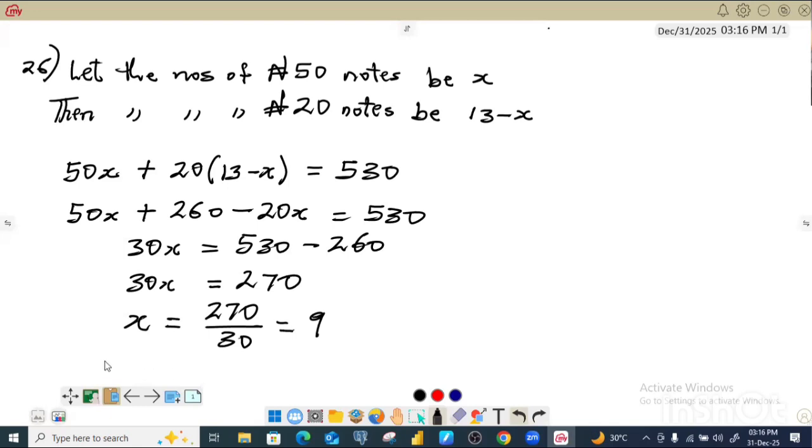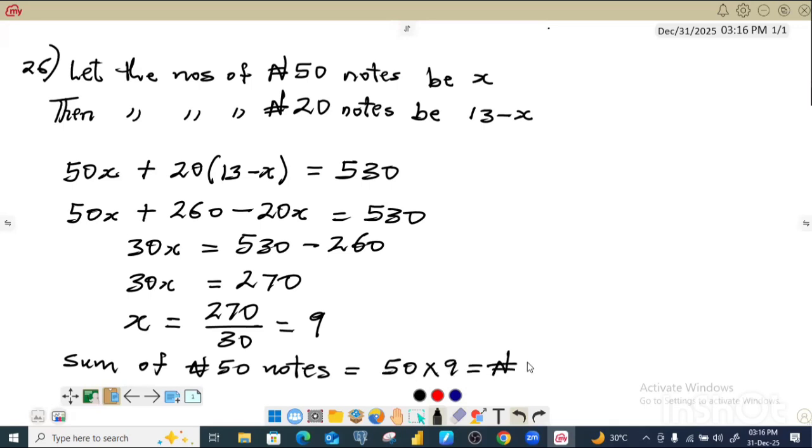So 20... 50 naira notes. Okay, let me put it in this manner. The sum of 50 naira notes will now be equal to 50 times 9.